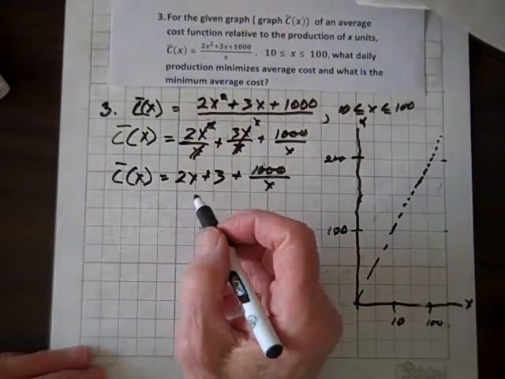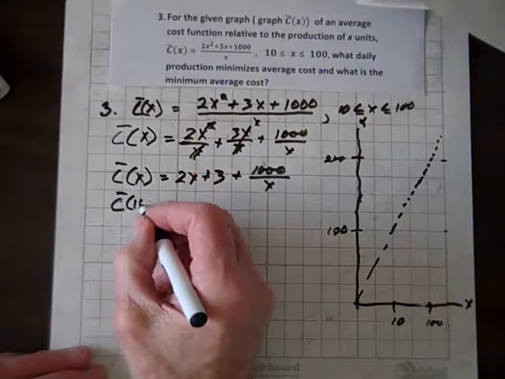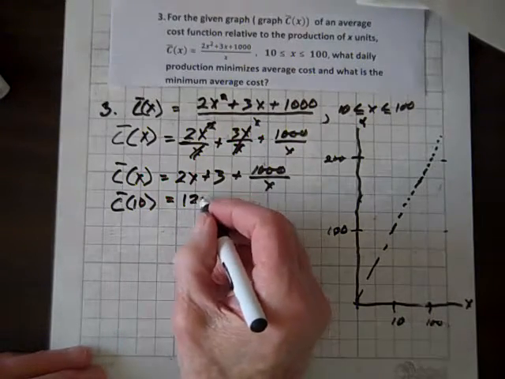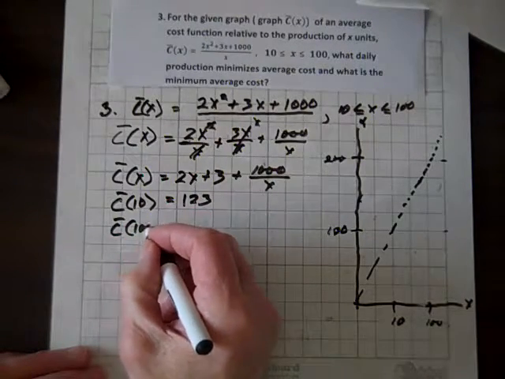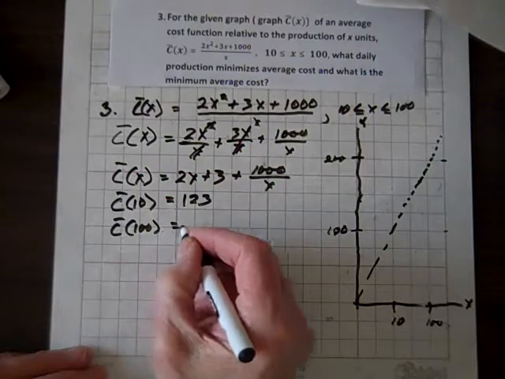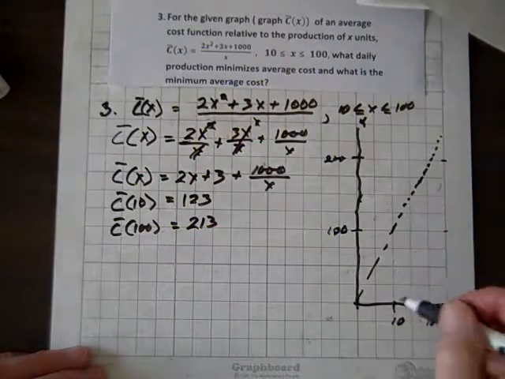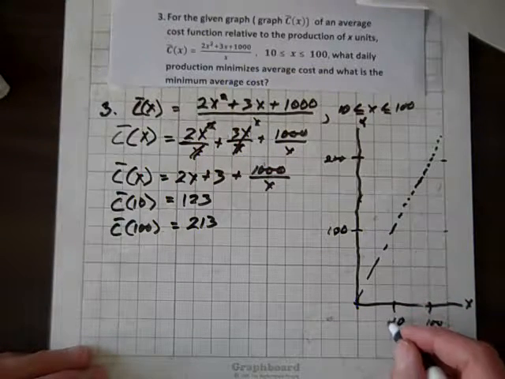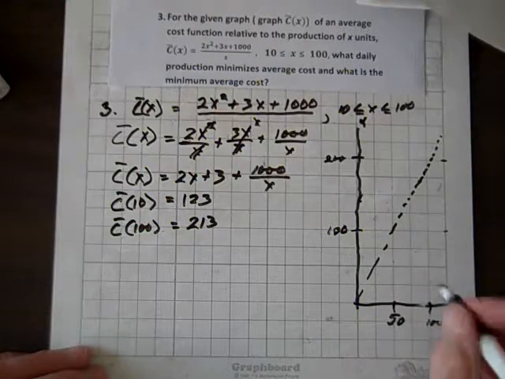Now, let's find c bar of 10, the lower bound, and I get 123 when I compute that. And c bar of 100, the upper bound, when I compute that, I get 213. So we'll go, this is 50, 50 and 100.